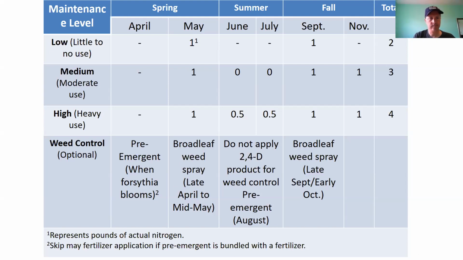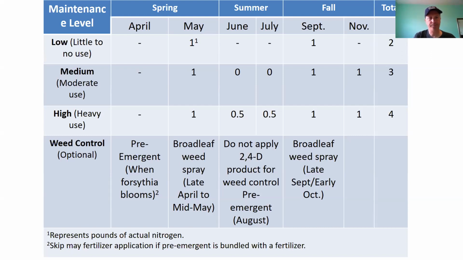And what that will do is every time you fertilize, if you measured out 1,000 square feet of your lawn, the bag rate, so the rate recommended on the bag, will put about 1 pound of actual nitrogen on that 1,000 square feet. So if you were using 20-0-0 fertilizer, because it's 20% nitrogen, you put 5 pounds of fertilizer per 1,000 square feet.